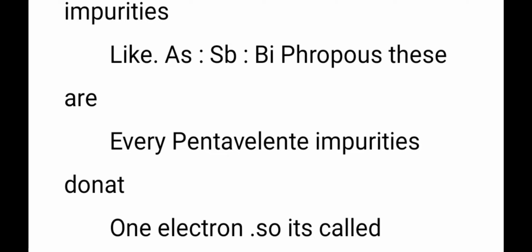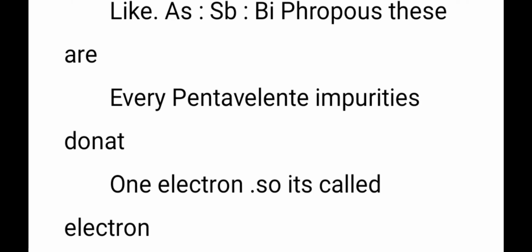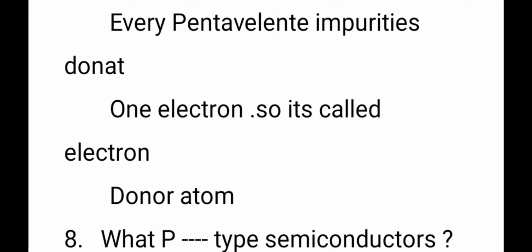Every pentavalent impurity donates 1 electron, so it is called an electron donor. They will ask you: if it is an electron donor, what type of semiconductor is it? It is an N-type semiconductor. You must consider this question very important.